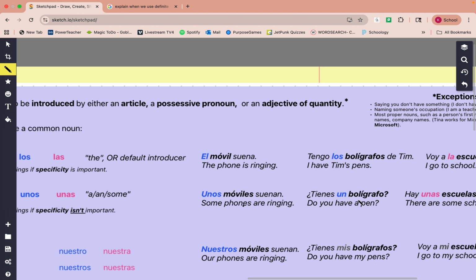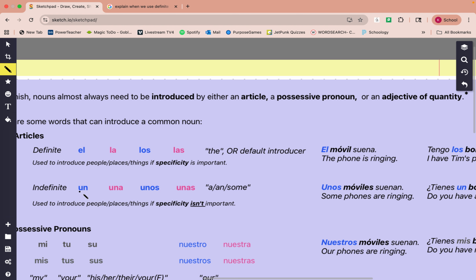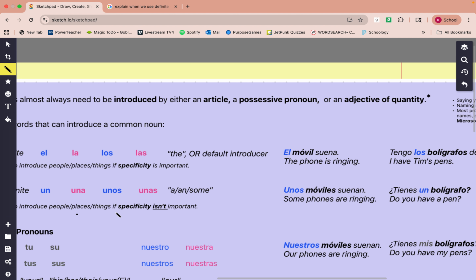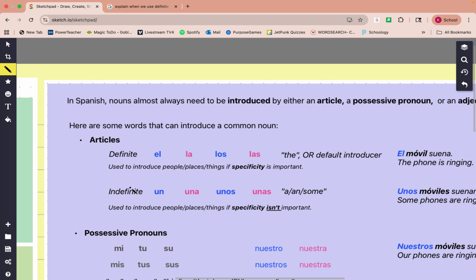So for example, in English, if I say, do you have a pen, I'm using a as an indefinite article. I'm saying, I don't care which specific pen you have. I don't care what the brand is, just do you have a pen? Because I need a pen, right? The specificity isn't important. So that's the main difference here between a definite and an indefinite article.